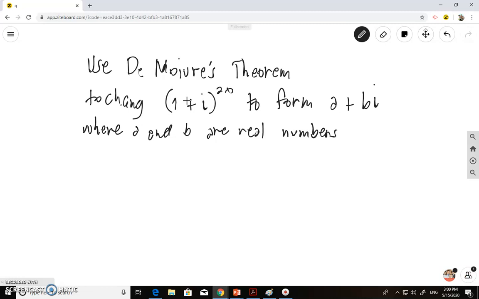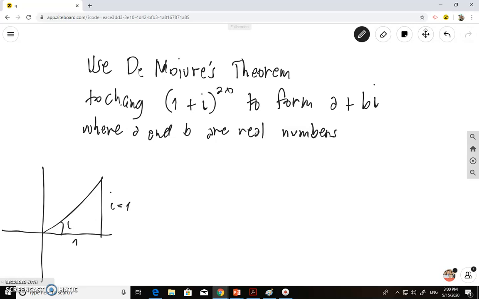So the DeMoivre's theorem was what I said, where the exponent n is a real number. First thing we have to do is graph. The point here is 1, and the coefficient of i is also equal to 1.